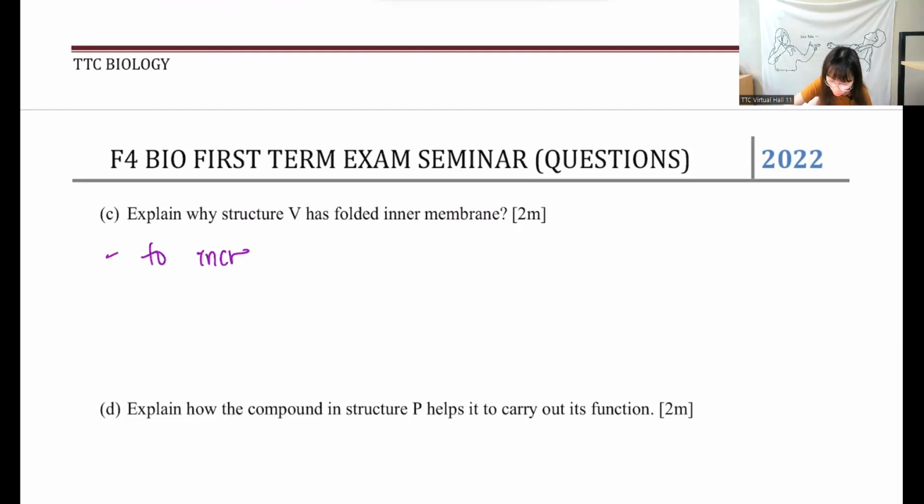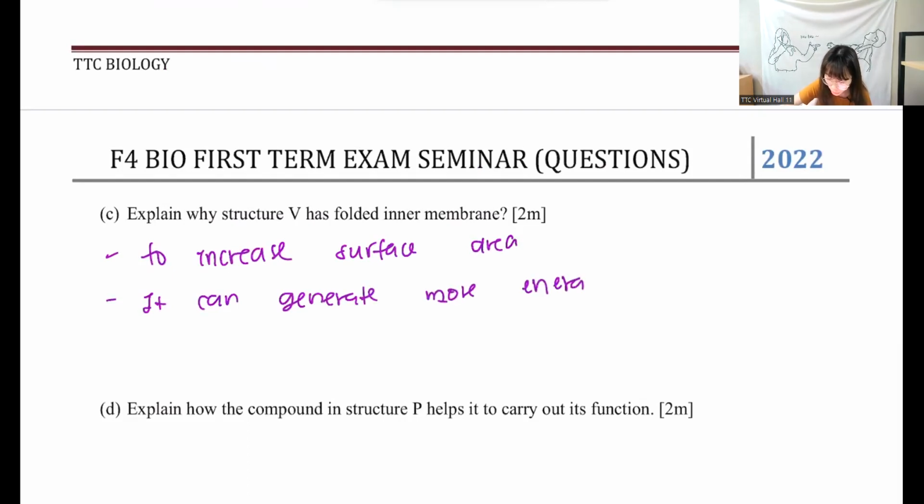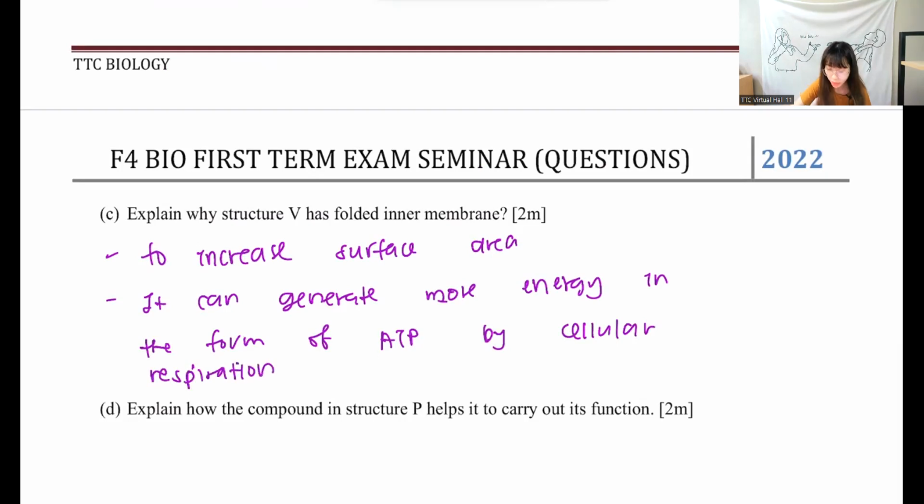So you can say: to increase surface area, and it can generate more energy in the form of ATP by cellular respiration.